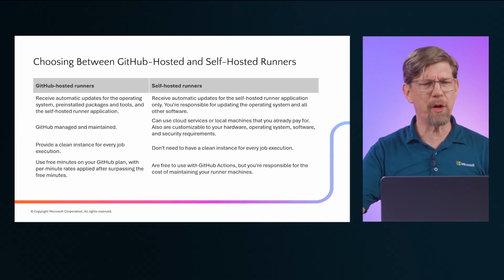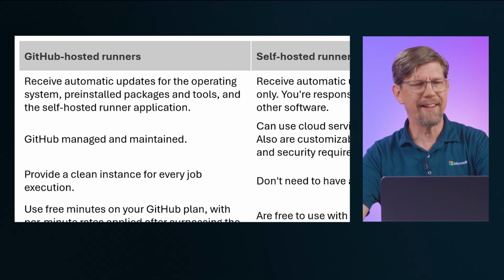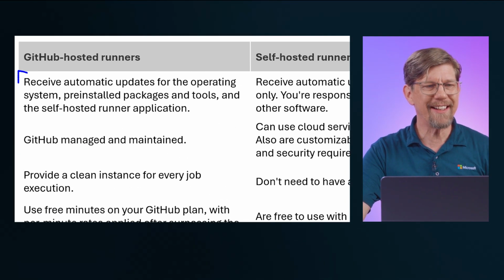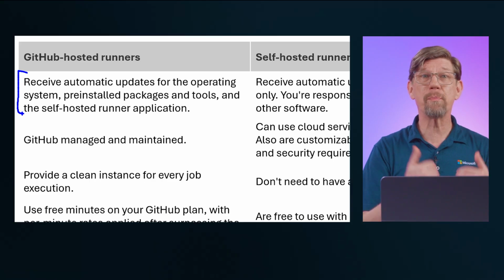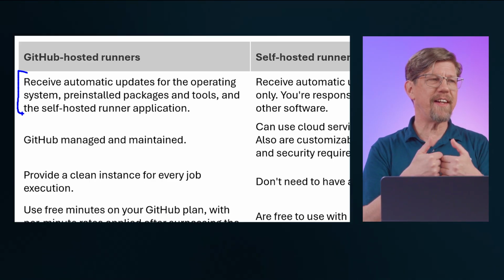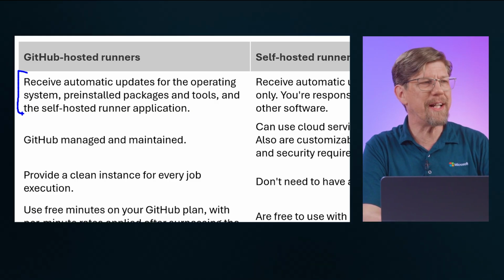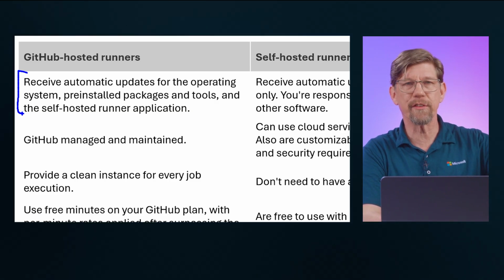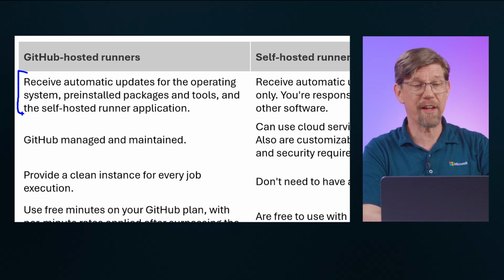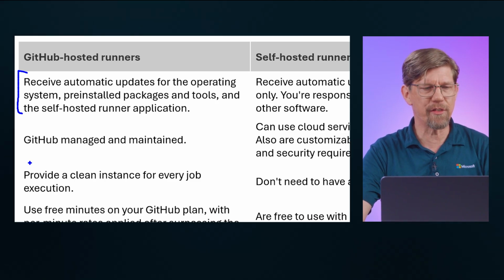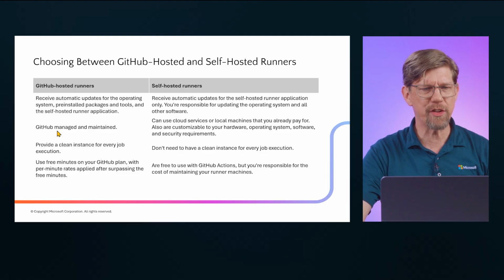So GitHub hosted, the first thing that we're seeing right here is that in GitHub hosted, they just get updates. We are not responsible for maintaining the updates or the infrastructure of GitHub hosted. So we know we're getting the latest versions available without us having to do a lot of work. So GitHub does maintain and manage those.